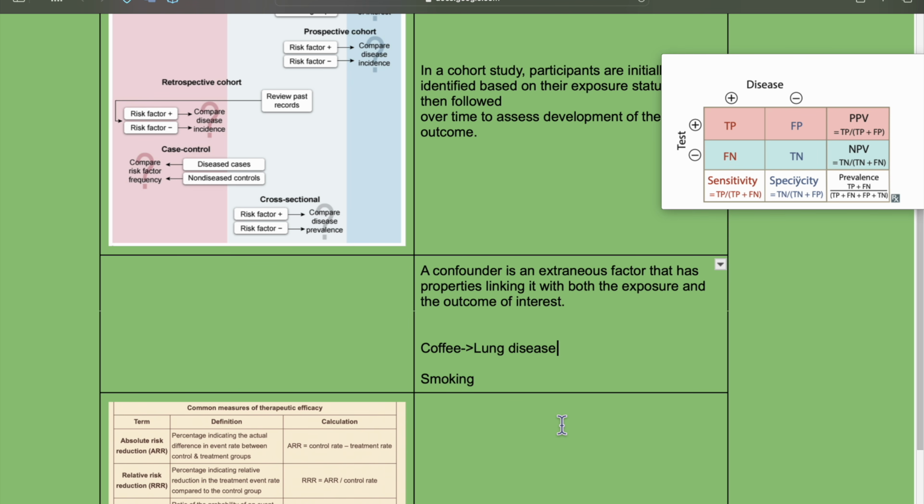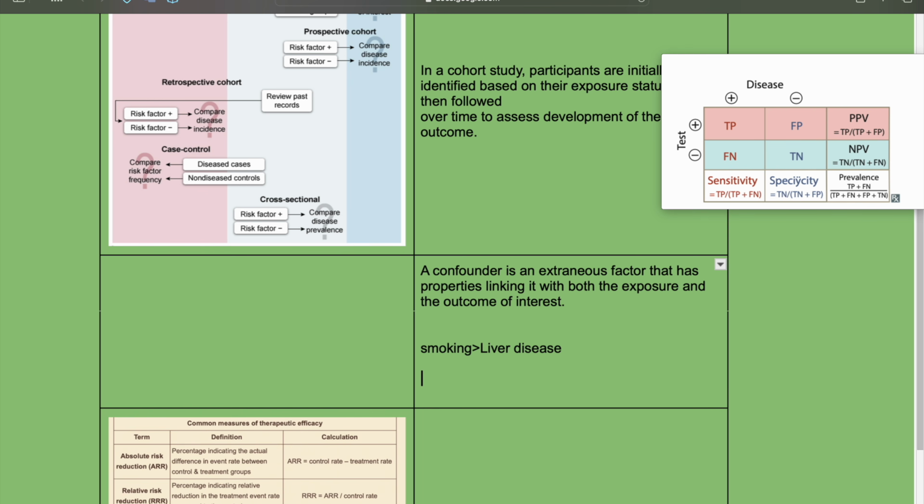Okay, another one was where smoking causes liver disease, right? Smoking causes cirrhosis of liver or something like that. However, the confounder here is that people who smoke are also prone to drinking more alcohol.